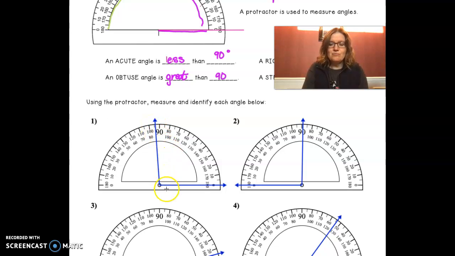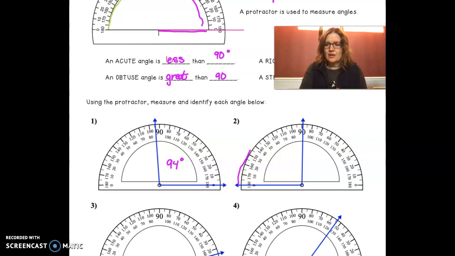I would bet that it is around 94 degrees. In this situation, we have an angle going this way and an angle going this way, and it's a little more than 90 degrees because we're measuring it this direction.